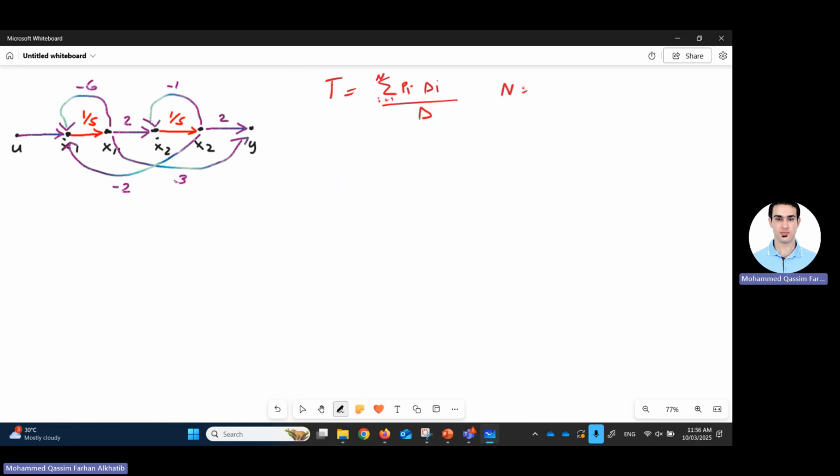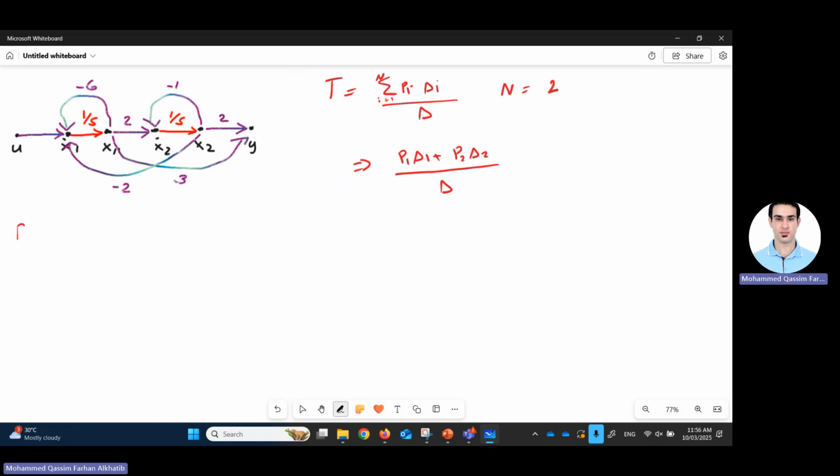Now, n in this case, we agree that's the number of straight paths. So it's going to be 2. So then in this case, my summation will become P1 delta 1 plus P2 delta 2 over delta.